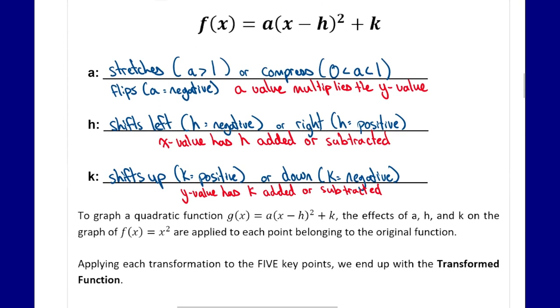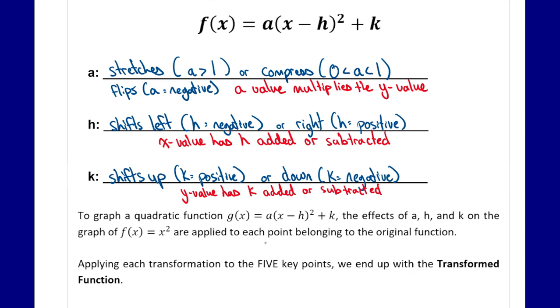So to graph a quadratic function in the form g(x) equals a(x minus h) squared plus k, or basically our transformed function, the effects of a, h, and k on the graph of f(x) equals x squared, or basically the transformations that apply to our parent or base function, are applied to each point belonging to the original function.